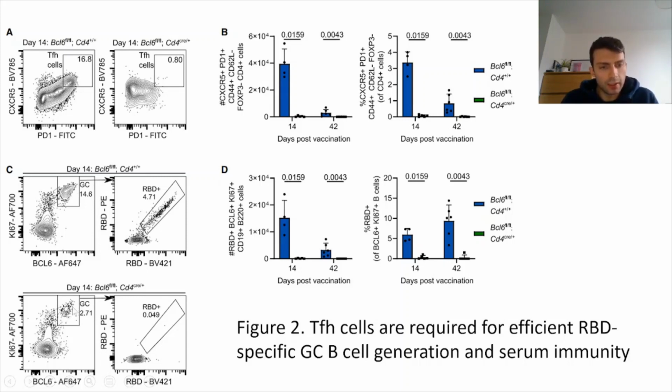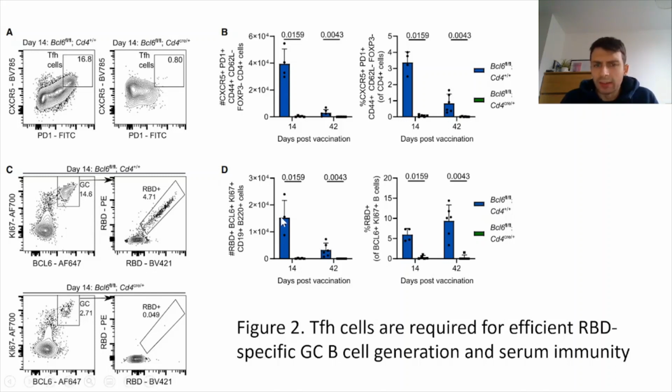However, when we look at these cells, their ability to bind RBD is not present. And this means that we have lost the ability to select the RBD-specific B cells and give them the necessary signals needed to proliferate them out and expand them beyond the realms of a normal clone.